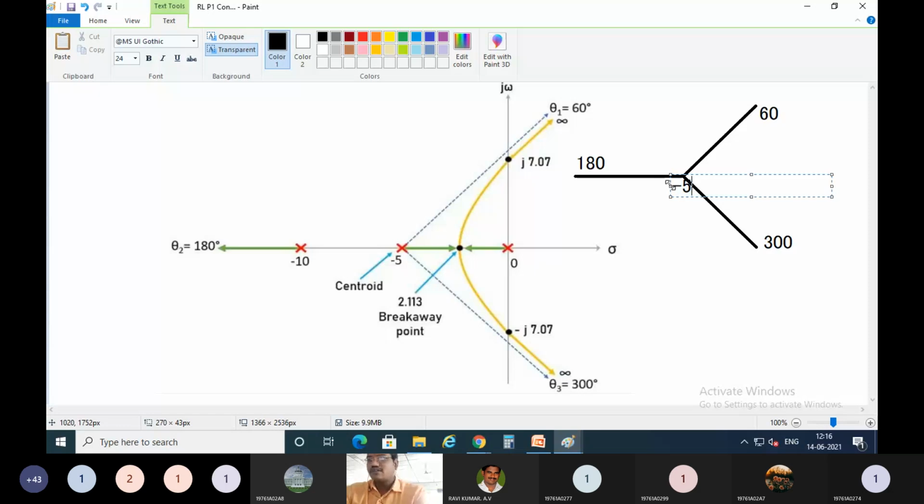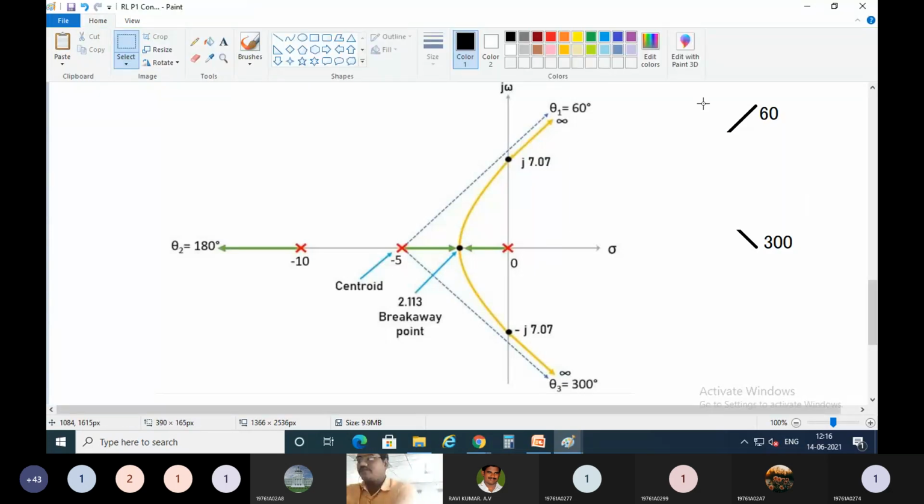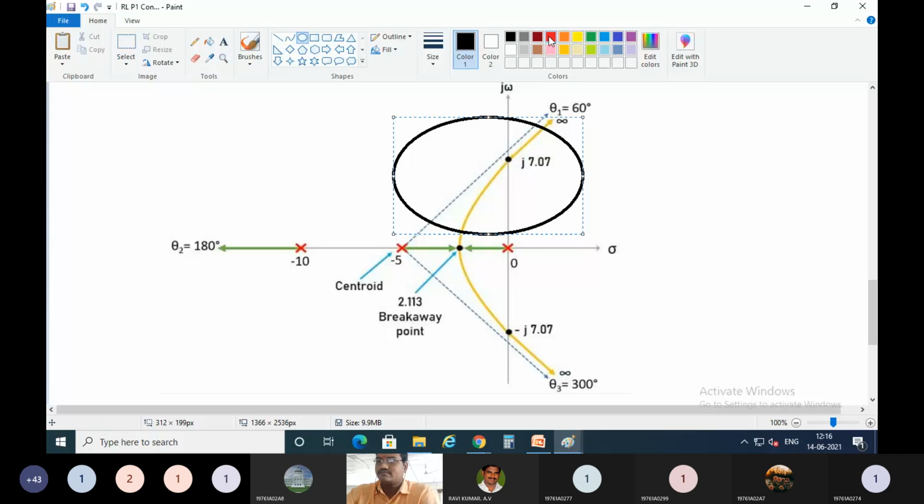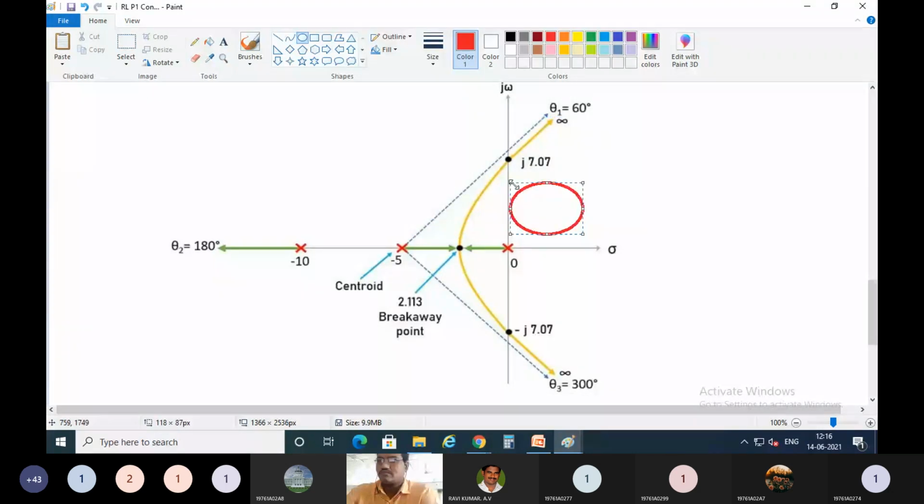So if you draw the same thing, this is theta 1. From minus 5, let us draw theta 1, that is 60 degrees.